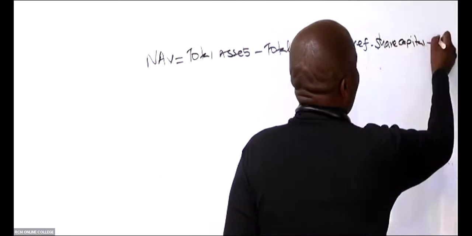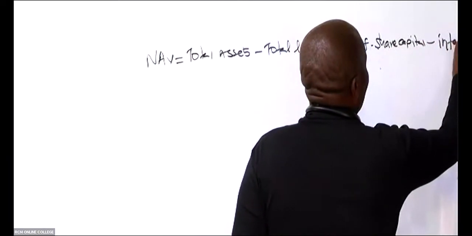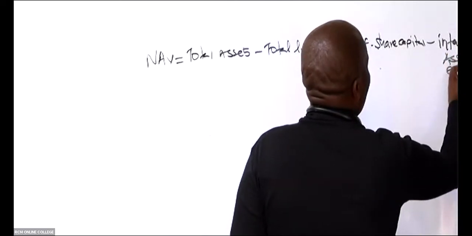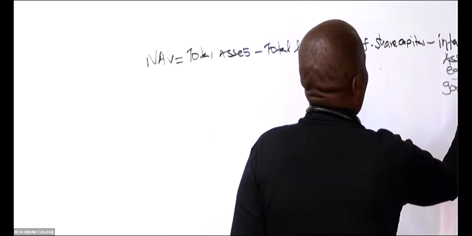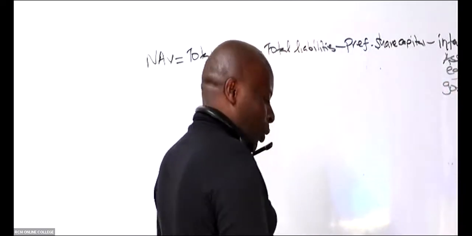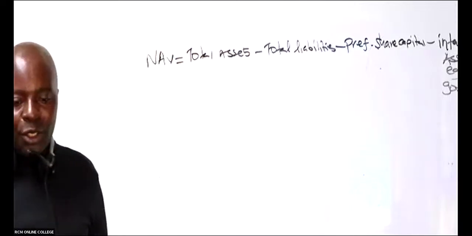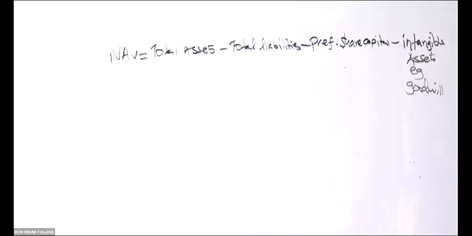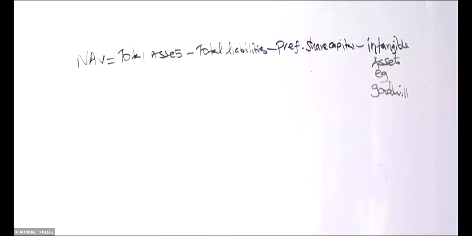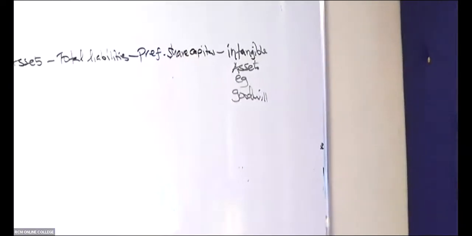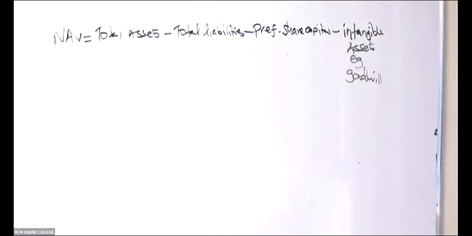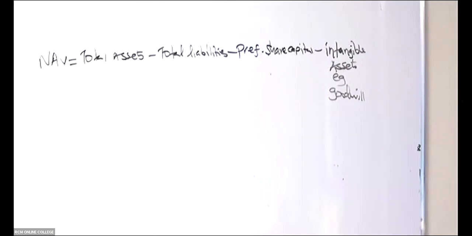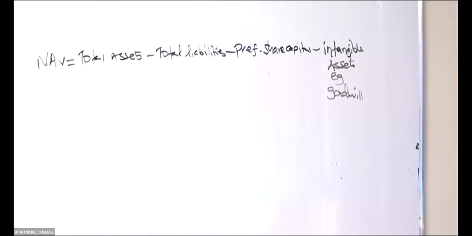So minus any intangible asset, e.g. goodwill, trademark, etc. By the time you're selling, trust you me, that asset of yours has got no goodwill. Even if it has, in terms of getting net asset value, we shall always be subtracting.